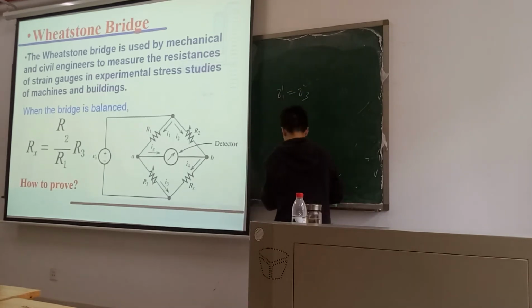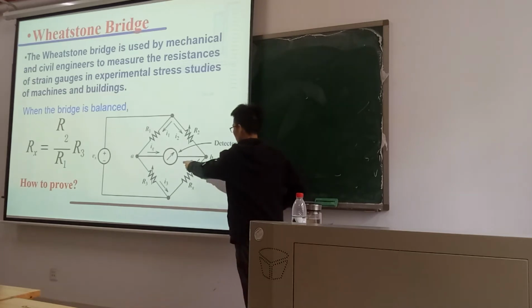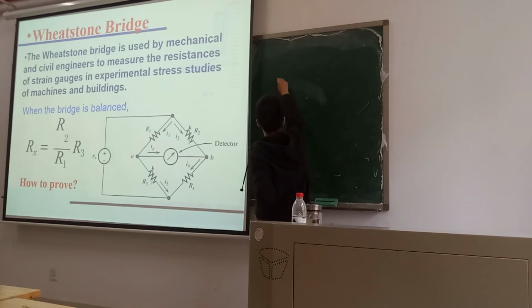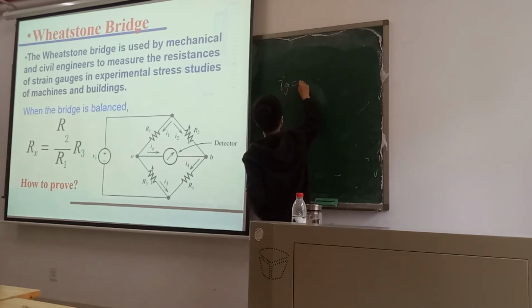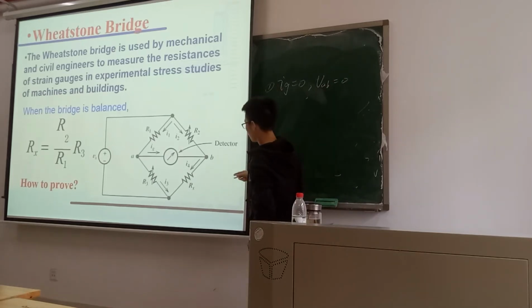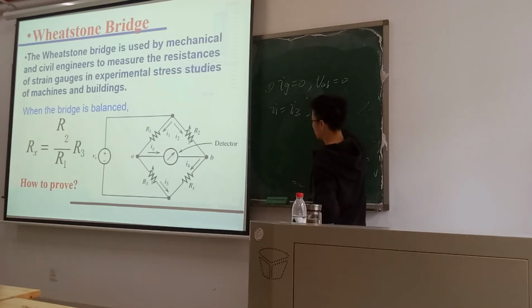When the detector is 0, IG is 0 and VAB is 0, so I1 equals I3 and also I2 equals I4, right?